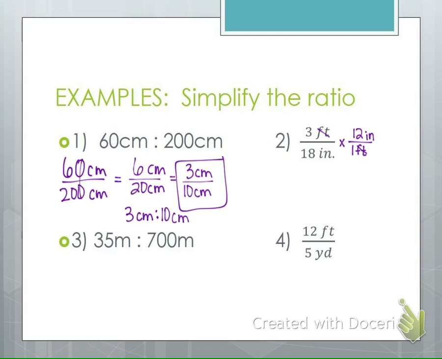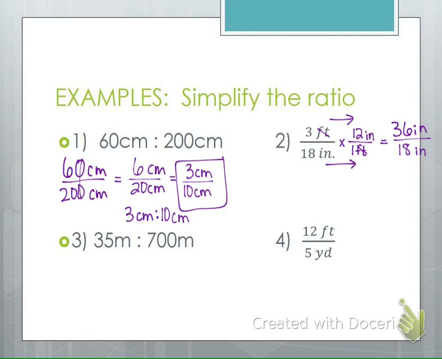Okay, so we're always going to try to keep the smaller unit. Now, when I do this, I'm multiplying straight across the top, straight across the bottom. So in the numerator, in the top, what do I get? Good, 36 inches. And in the bottom, 18 inches.